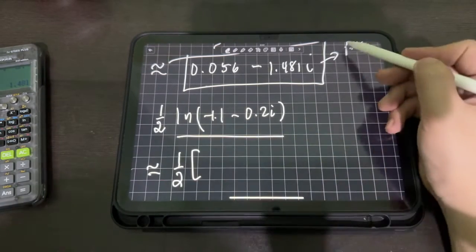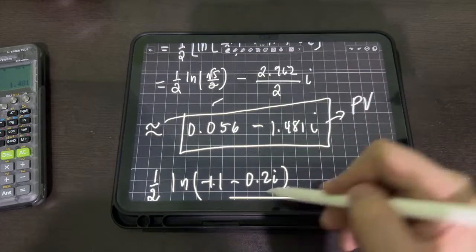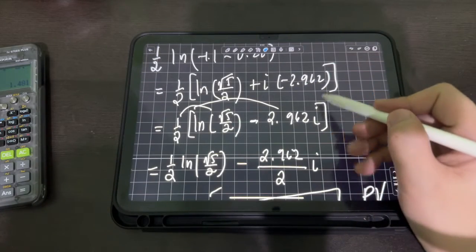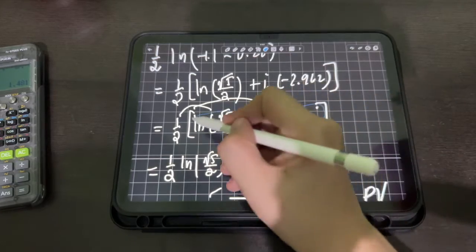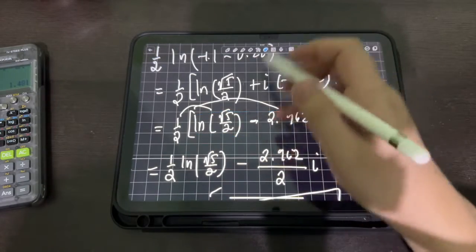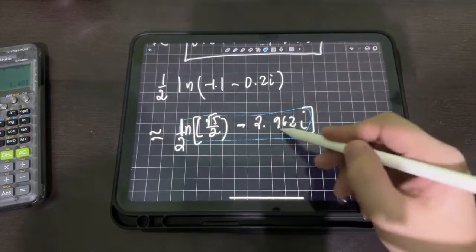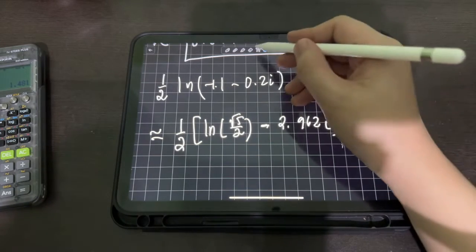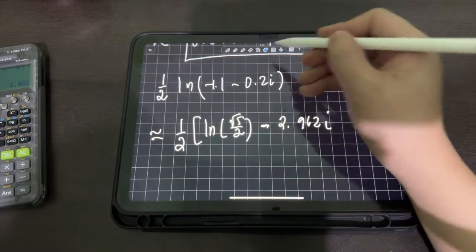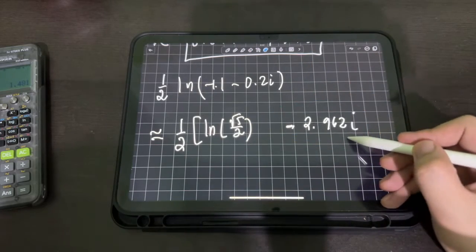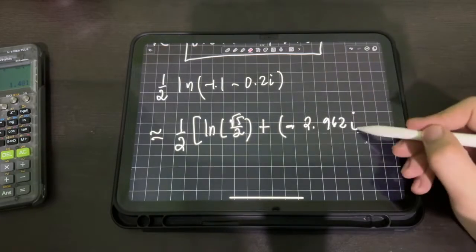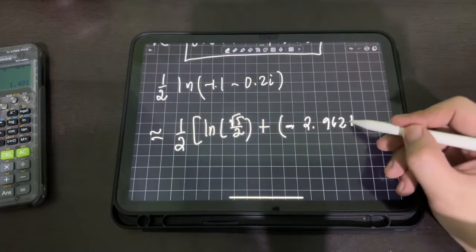We know the ln of this complex number is this one, right? Okay, we just need to change it by adding to this argument, negative 2.962, plus 2 pi n, right?